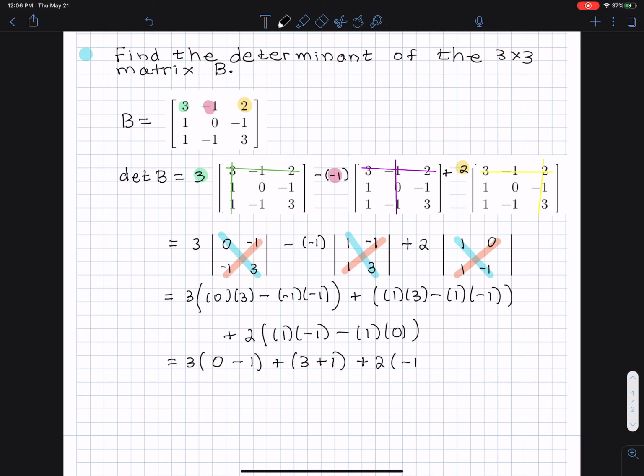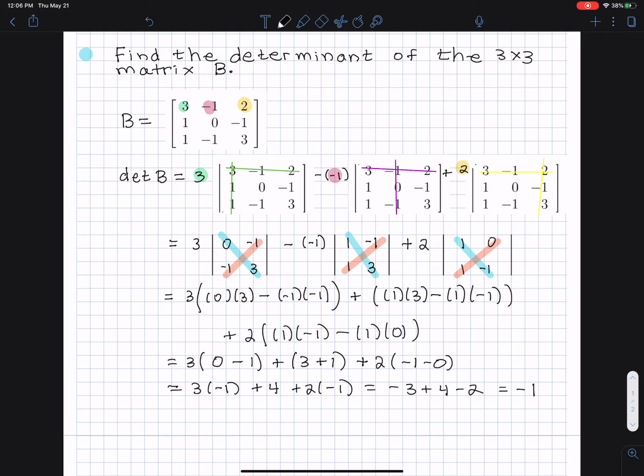And then we're going to have negative 1 minus 0. All right. 3 times negative 1 plus 4 plus 2 times negative 1, which is equal to negative 3 plus 4 minus 2. It could be that at the very end I'll make a mistake. And this apparently is negative 1.